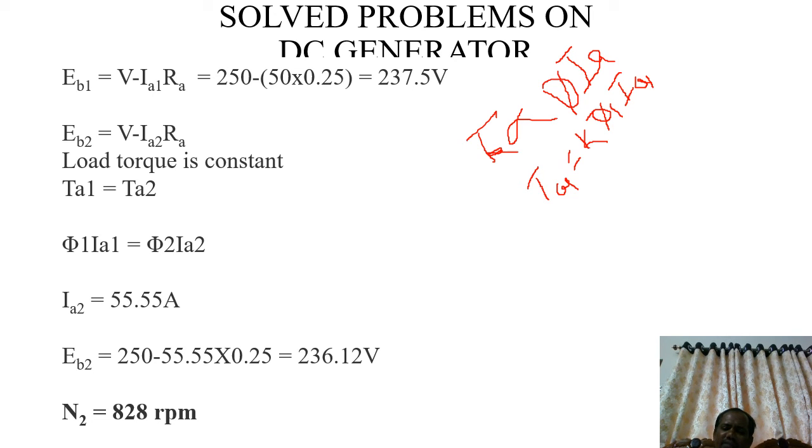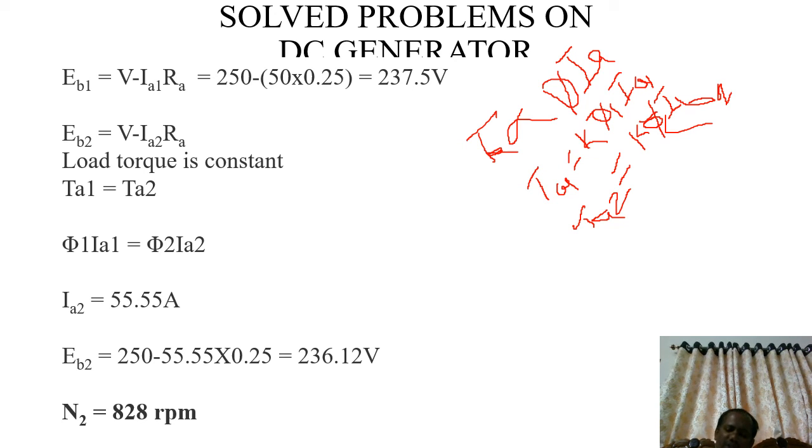Similarly, you can write TA2 is equal to K into phi2 IA2. So these are the equations.